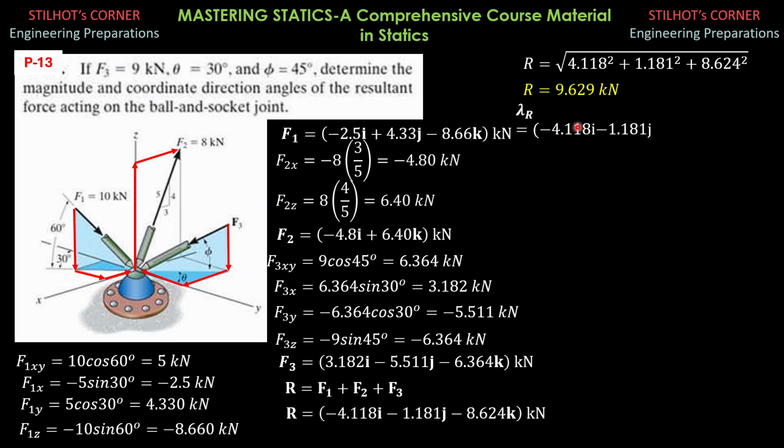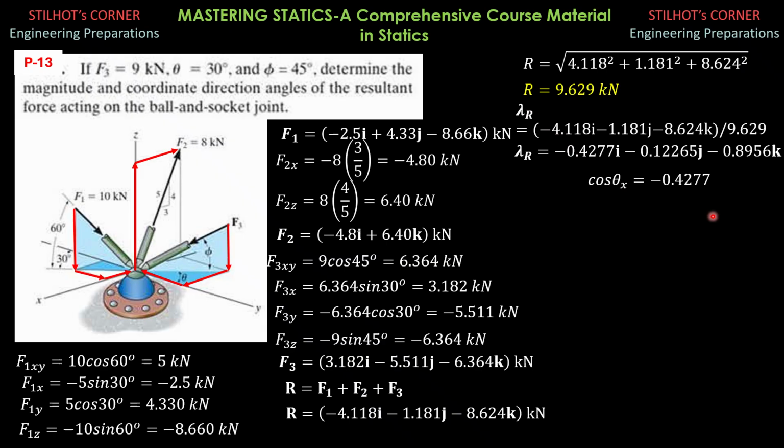So lambda R is negative 4.118i minus 1.181j minus 8.624k divided by 9.629. And that would now be the unit vector of R: negative 0.4277i, negative 0.12265j, negative 0.8956k.